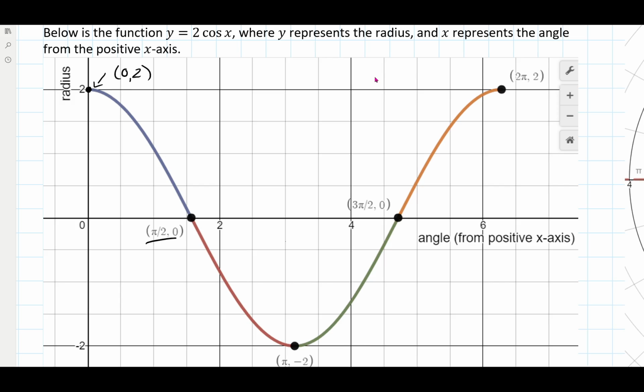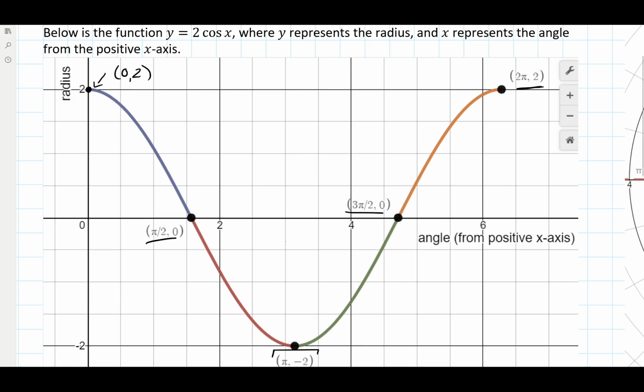We have our lowest point at (pi, negative 2). Another x-intercept at (3 pi over 2, 0). And then another peak at (2 pi, 2). And of course, this repeats every 2 pi. The reason that this is broken up into colors is because we're going to get an idea of the polar graph based on one quarter of the graph at a time, if you will.